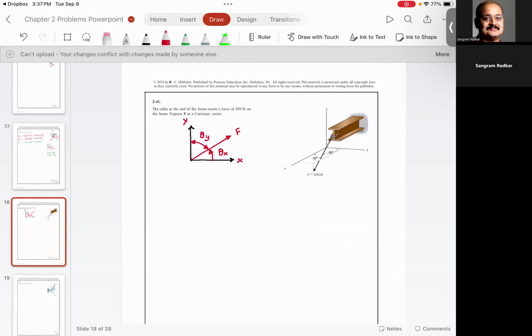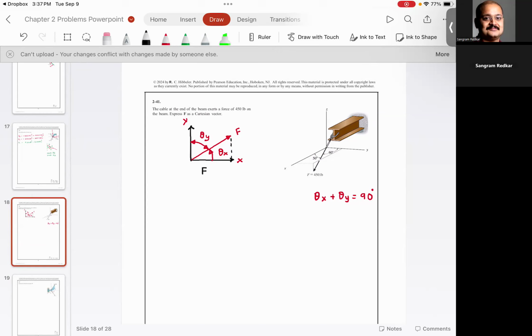Since I'm looking at a perpendicular coordinate system, x and y are perpendicular, I know for a fact that theta x plus theta y is equal to 90 degrees. Now I'm going to resolve this component.